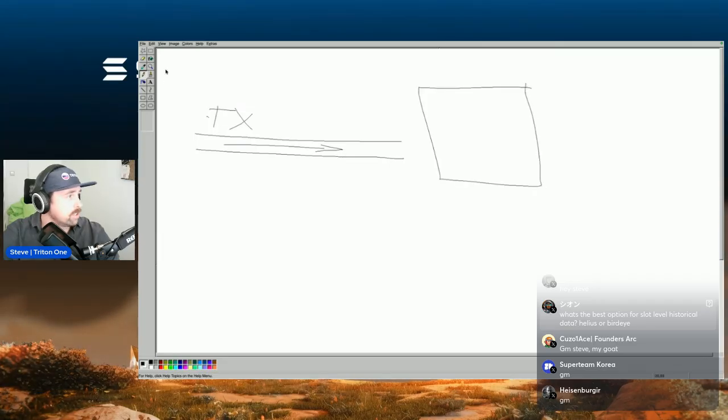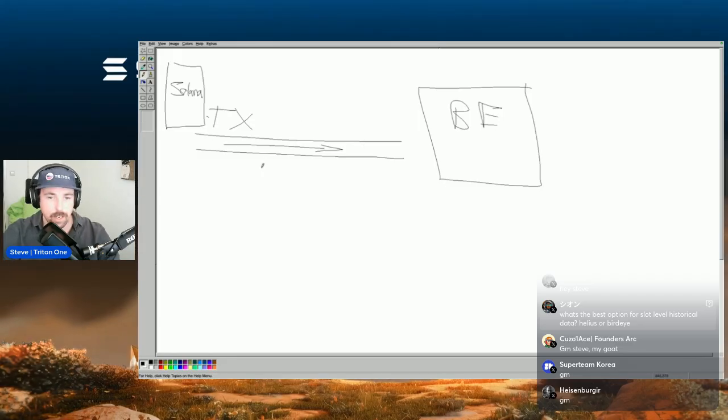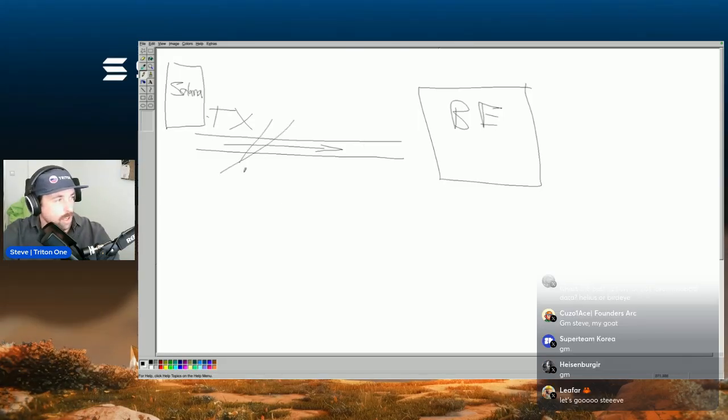So let's put this as backend, and this is the network, so this is Solana, and this is your backend. Normally streaming looks like this, and as soon as this gets cut, you are going to have a problem because you don't know what information went through this pipeline in the time you were disconnected.